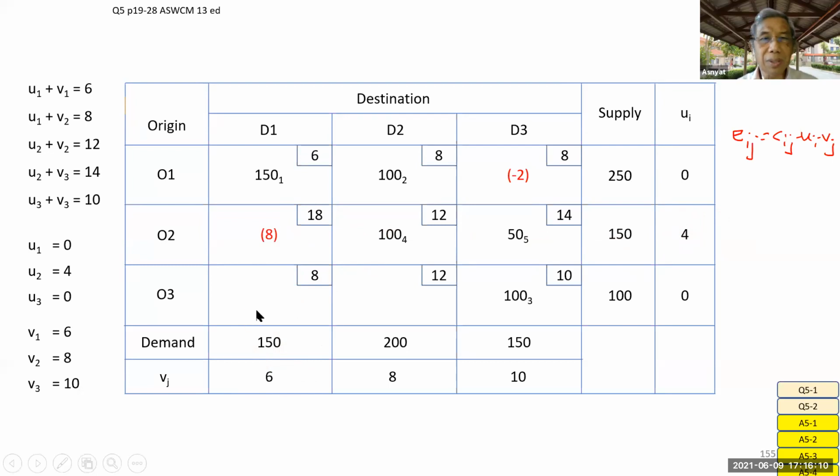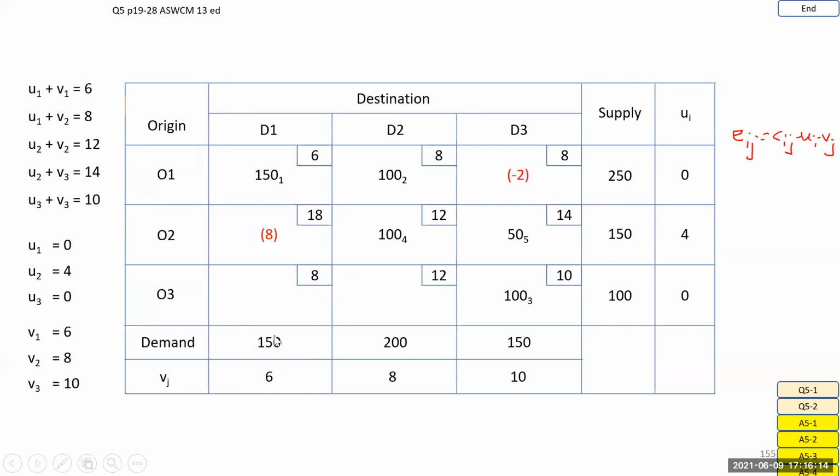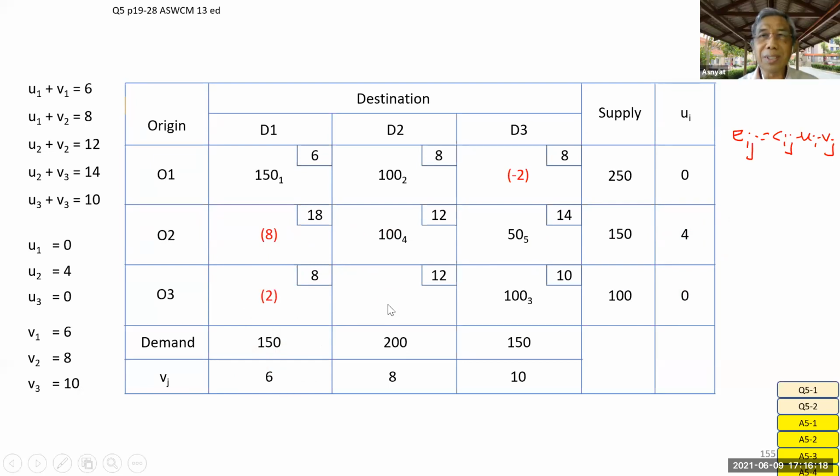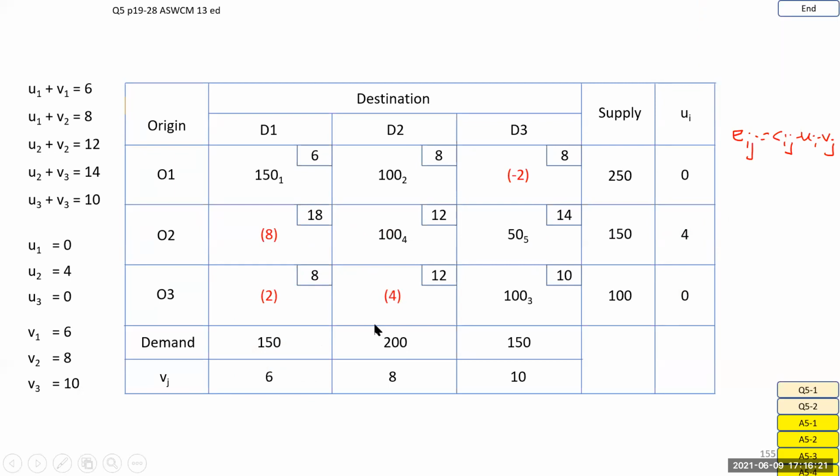How about this one? 8 minus 0, you get 2. This one, brother? 4. What does it tell you?